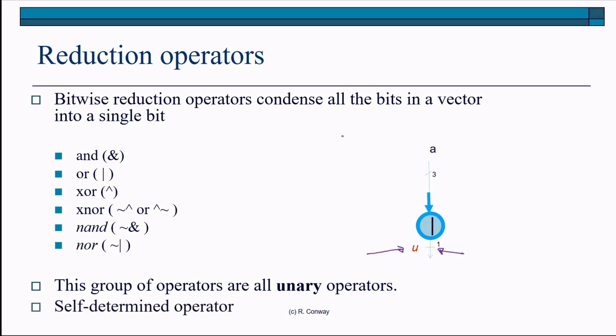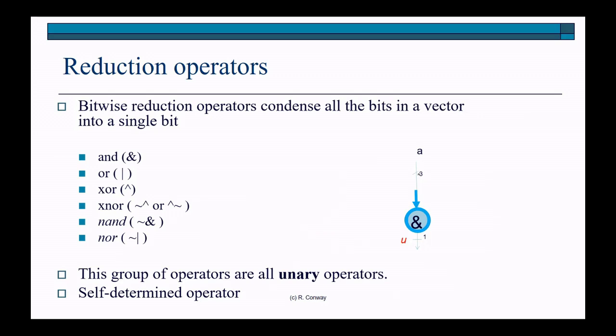So let's see exactly what these operators do. In our example, we have the reduction OR operator. If we take the following value for A, 0, 1, 1, 0, 1, what the reduction operator does with this value is it ORs all the bits together to produce a single result.